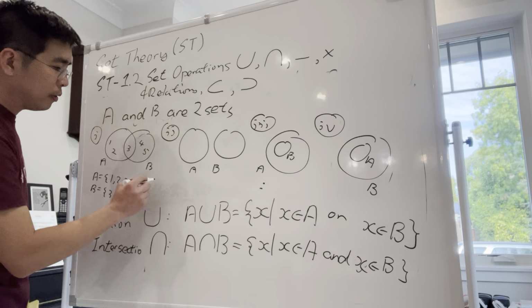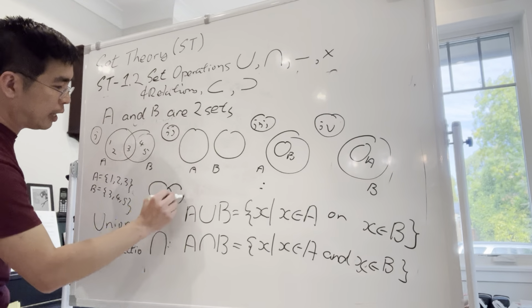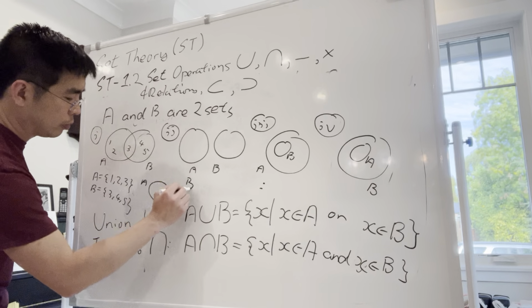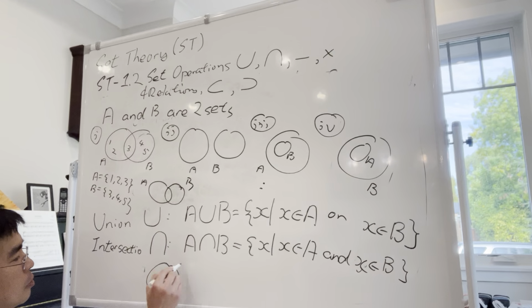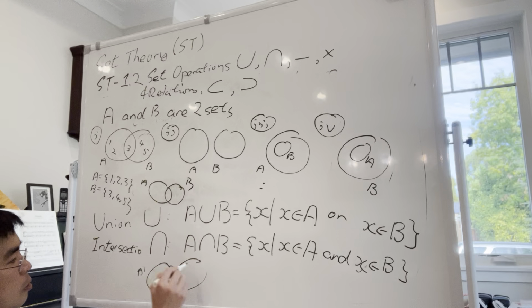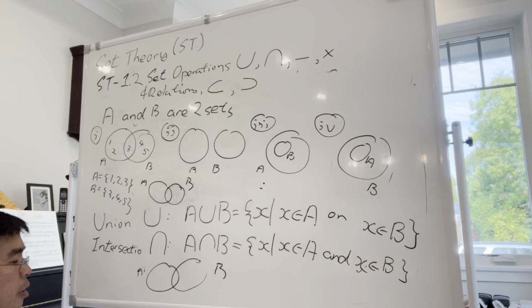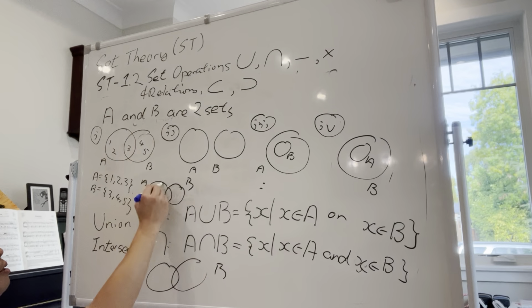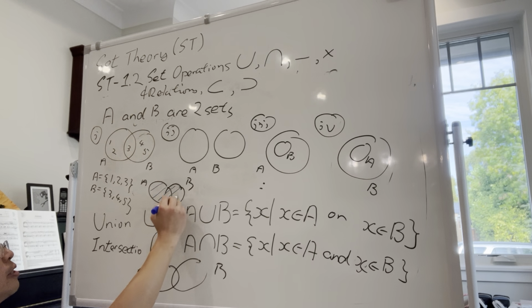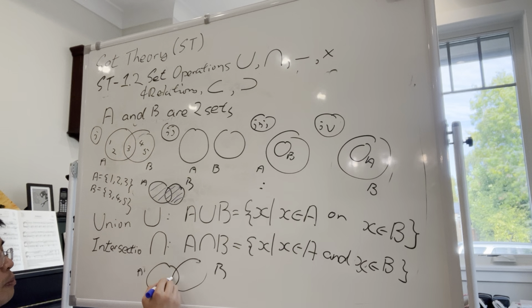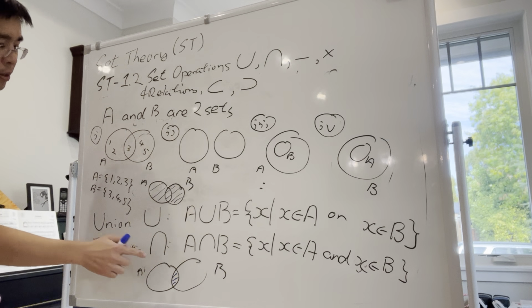A union B would be represented like this, and A intersect B would be represented like this.